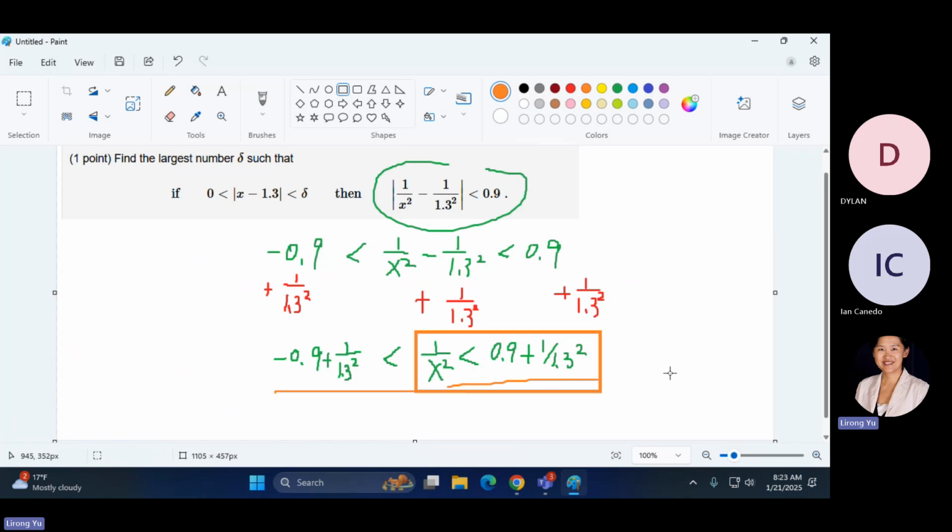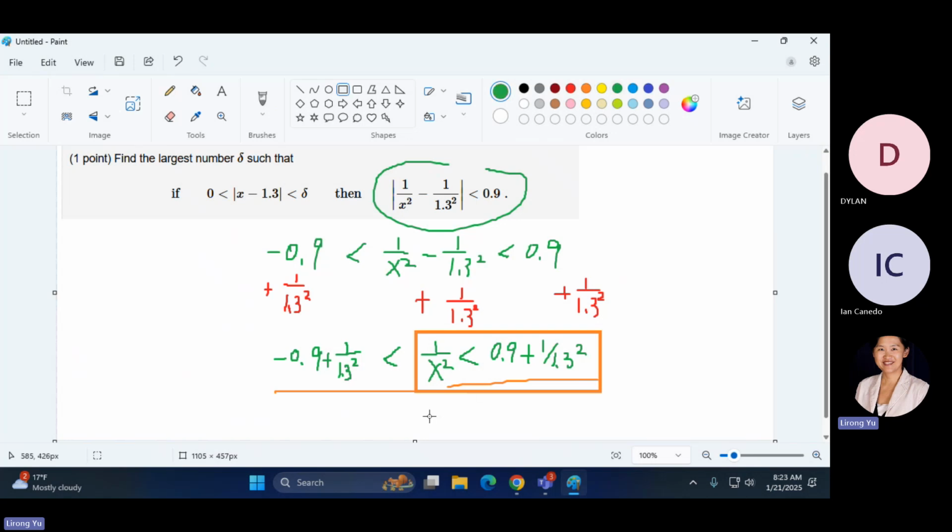So first thing you do, we can take the reciprocal. We grab the 1 over x squared and take the reciprocal of that. 1 over x squared becomes x squared over 1.